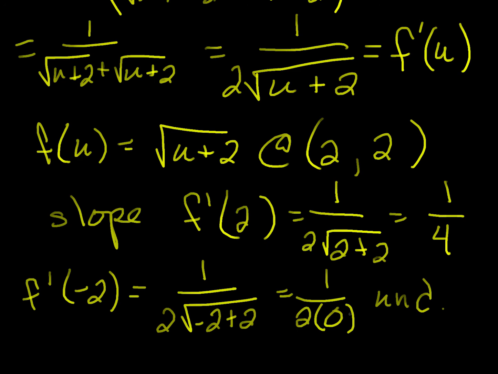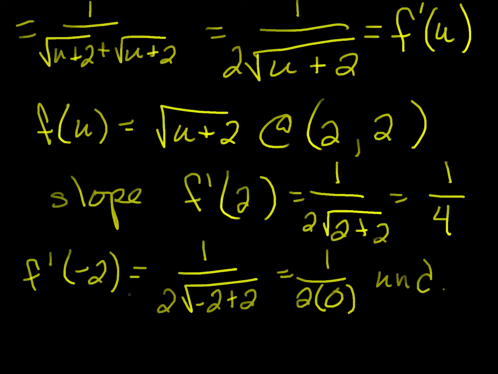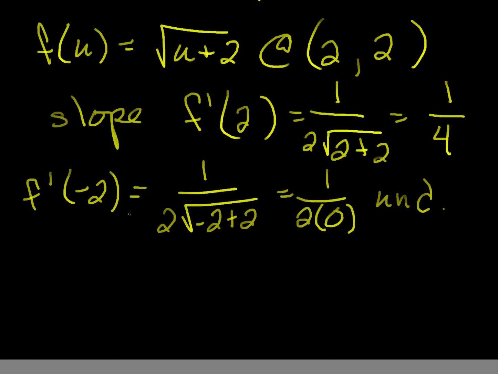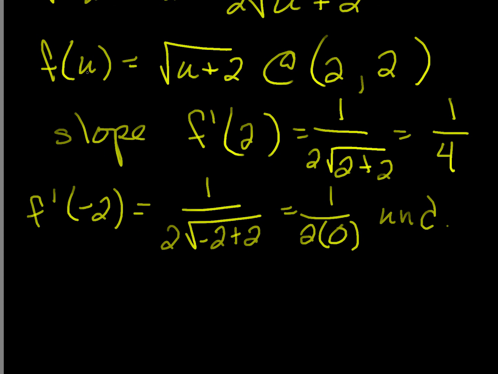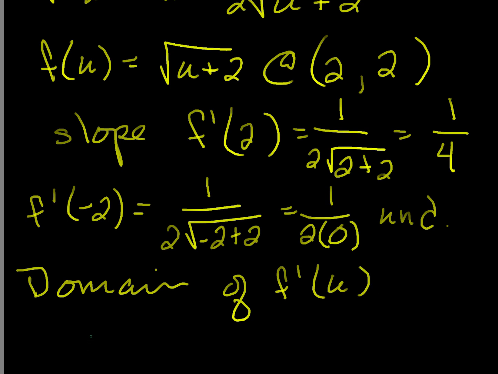And so it fails to exist. So we could say that the domain of our derivative, the domain of f prime, is simply the interval. Well, we know that we need the inside to be positive, and we can't be at -2 because that makes it 0. So it's going to be anything bigger than -2. So it'll be -2 to infinity.